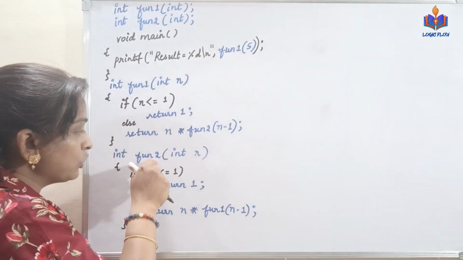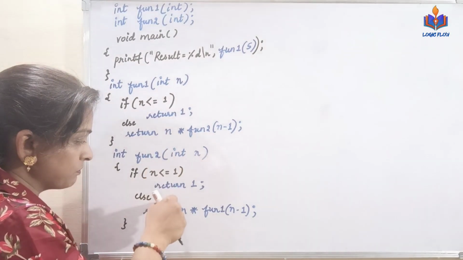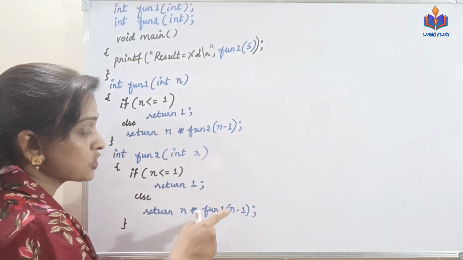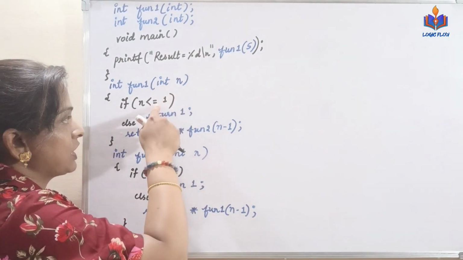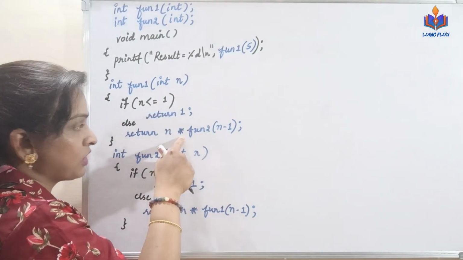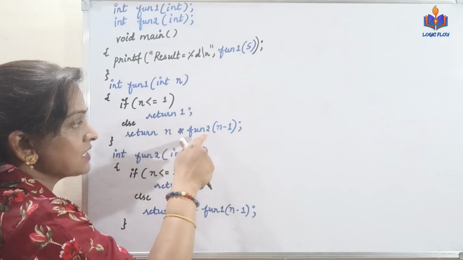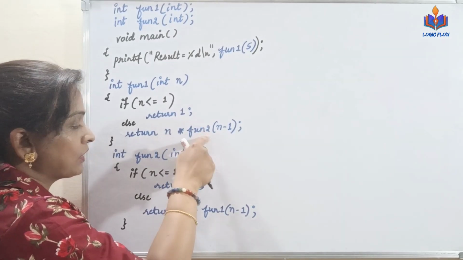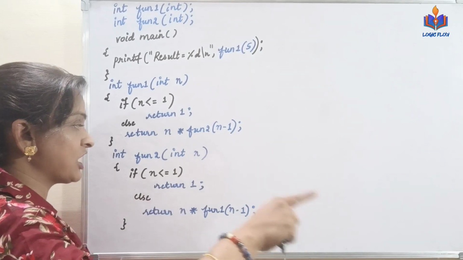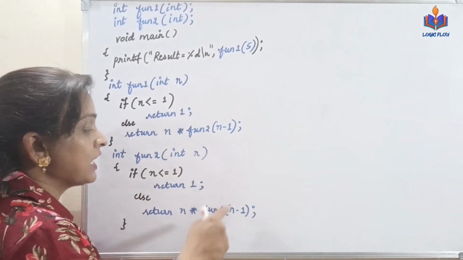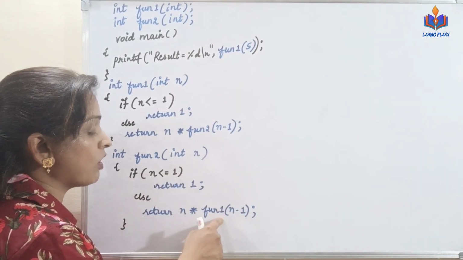When I get into function 2, I'll call function 1. If the base case is not satisfied, here also the base case is not satisfied, obviously I'll come to the recursive case. In the recursive case, I'll invoke function 2. When I come to function 2, again I'll check the base case. If the base case is not satisfied, control goes to the recursive case. In this recursive case, I am calling function 1.